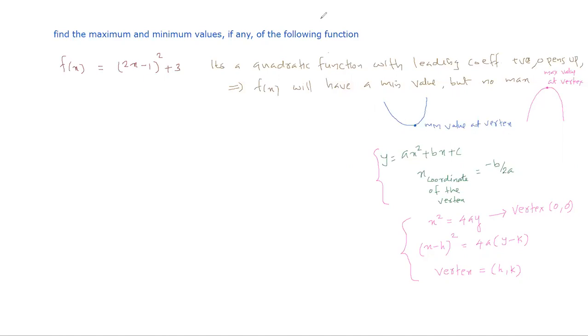Now even if nobody knows all this, we know that (2x − 1) the whole square is greater than or equal to 0.